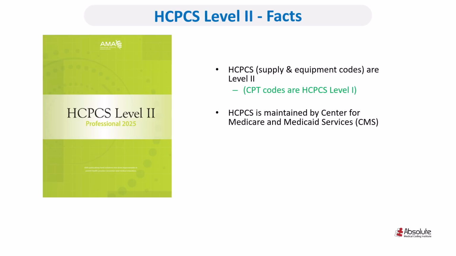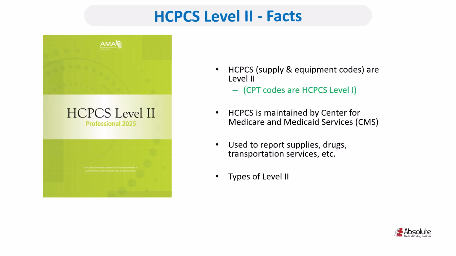Now, HCPCS is maintained by the Center for Medicare and Medicaid Services, or CMS. And specifically, these codes are used to report supplies, drugs, transportation services, etc. And we're going to get more into it.